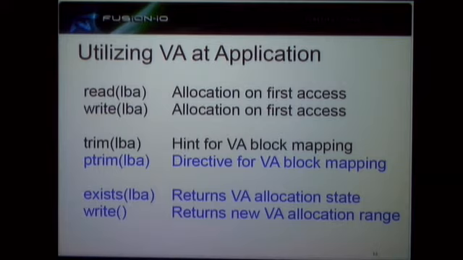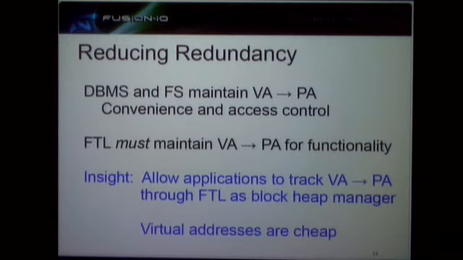Instead of providing the logical block address for your write, it takes an object size and space and will return an allocation range somewhere in the logical block range for your application. So the combination of these three operations allow you to do some interesting things at the application level.